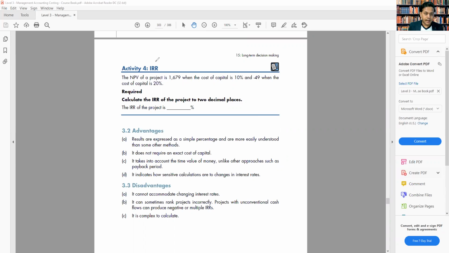So let's do IRR. Before we do the IRR, let's write down the formula for the IRR. If you have pen and paper, write it down because this formula is not in the book.